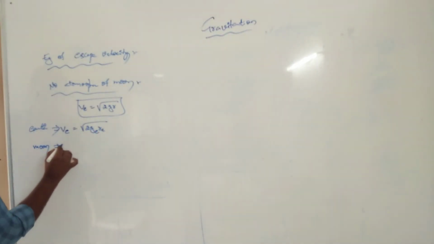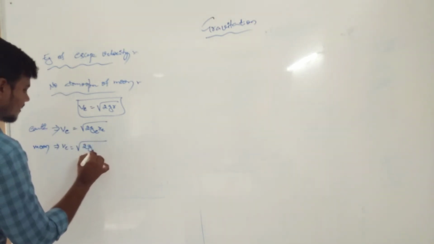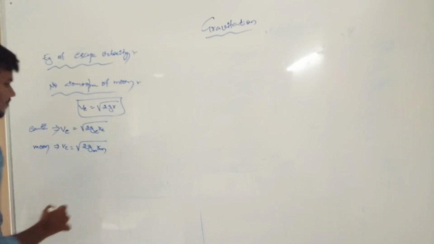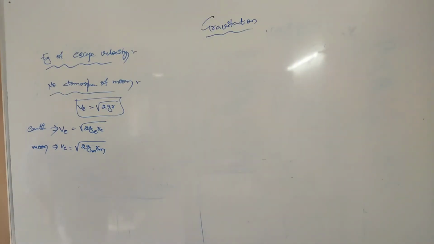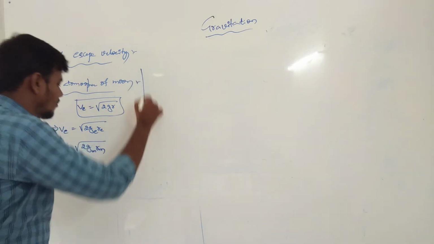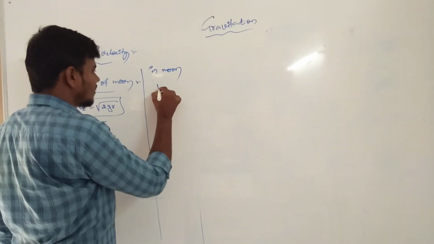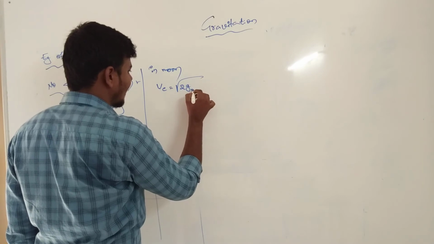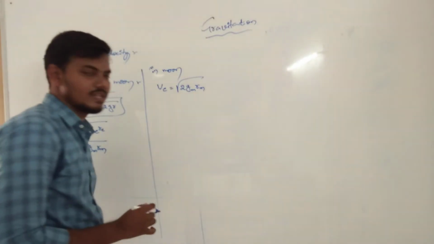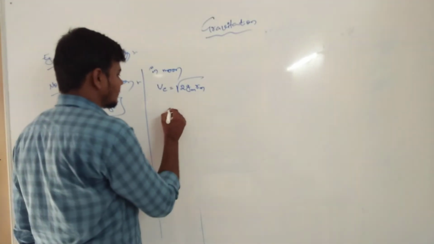Now for the moon, VE is equal to the square root of 2GM by RM. 2GM and RM, clearly. Now since we are going to the moon properties, VE is equal to the square root of 2GM by RM.